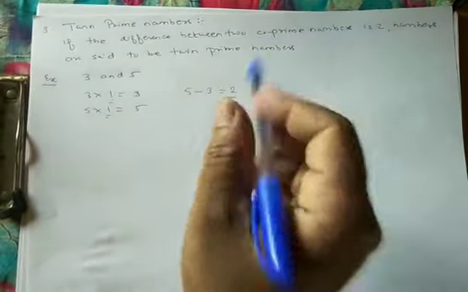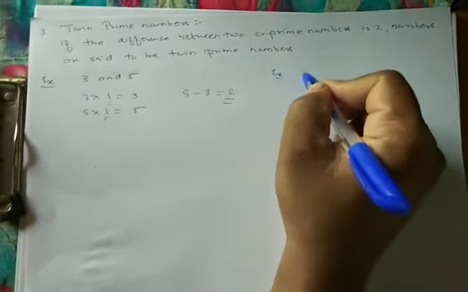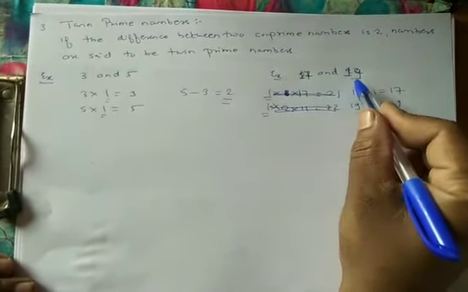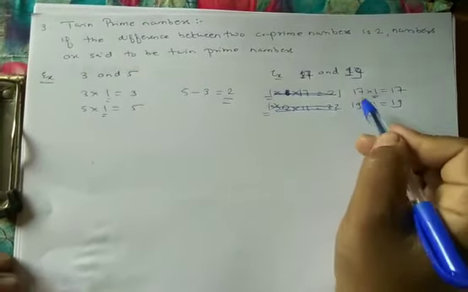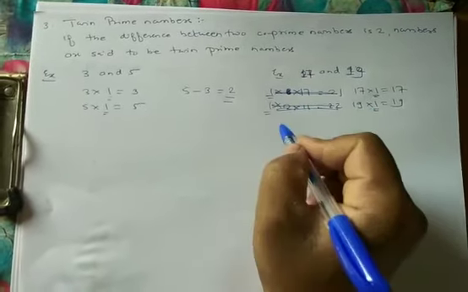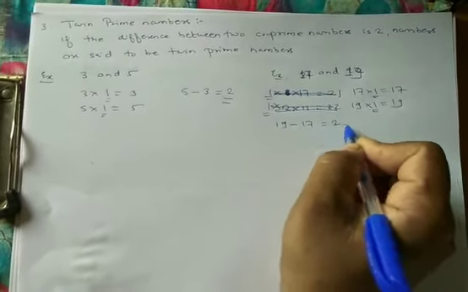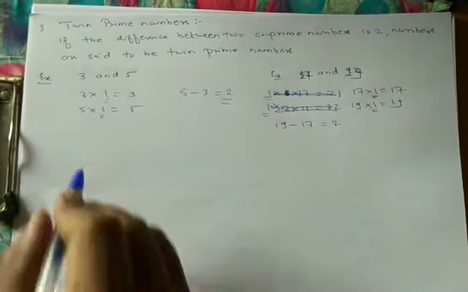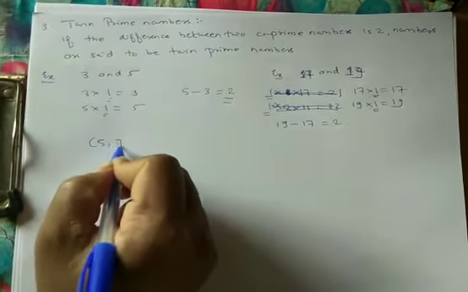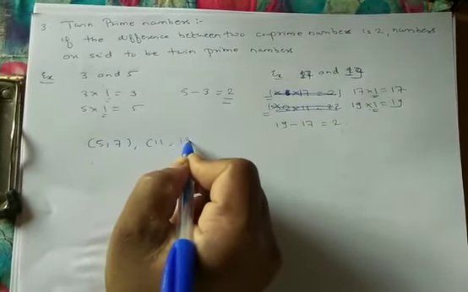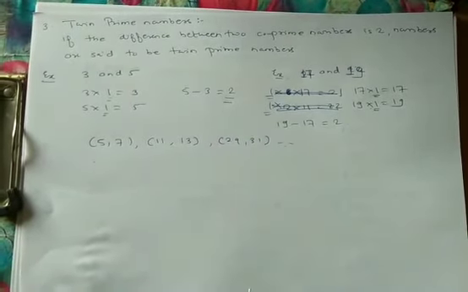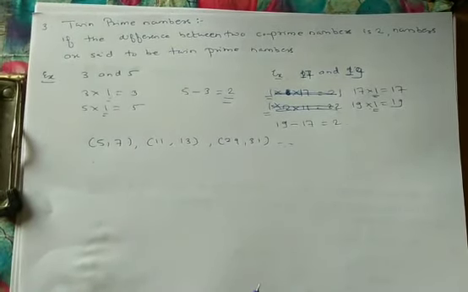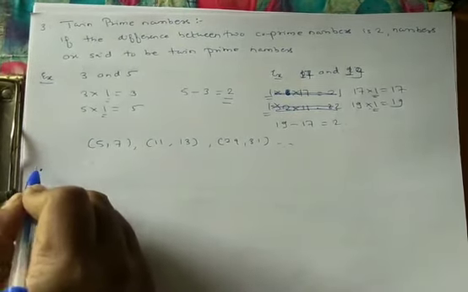One more example: 17 and 19. 17 ones are 17, 19 ones are 19, only one as a common factor, so 17 and 19 are co-prime numbers, and the difference between them is again 2. There are more, like 5 and 7, 11 and 13, 29 and 31, and so on. These are the twin prime numbers.